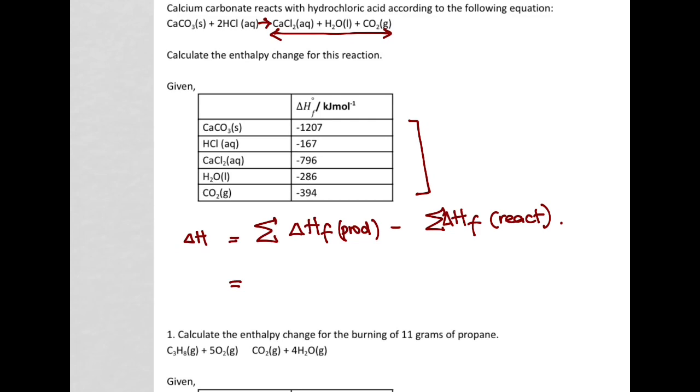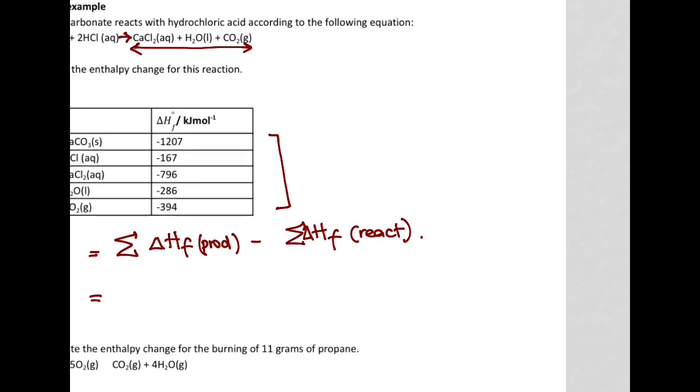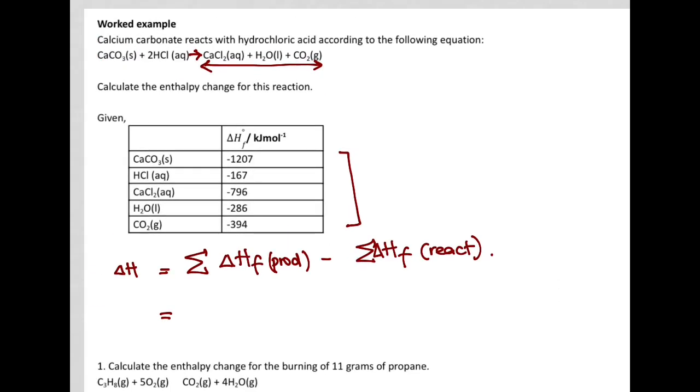And to do this, I'm going to work it out by looking at the products.